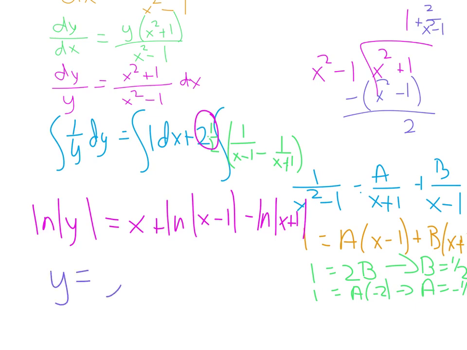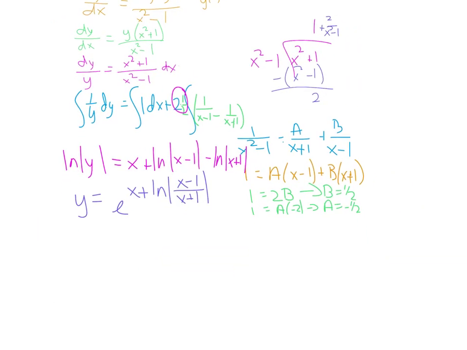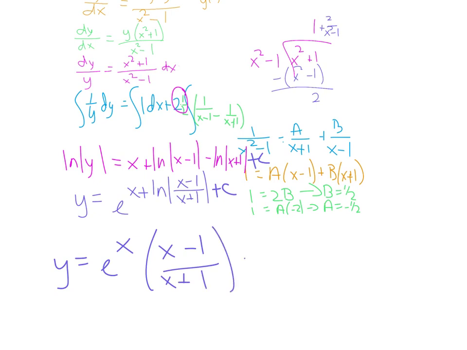So y is e to the x plus the natural log of x minus 1 over x plus 1. And I guess I can keep rolling. Oh, plus c. And that's going to be e to the x, e to the natural log, so that's just x minus 1 over x plus 1, and then e to the c.